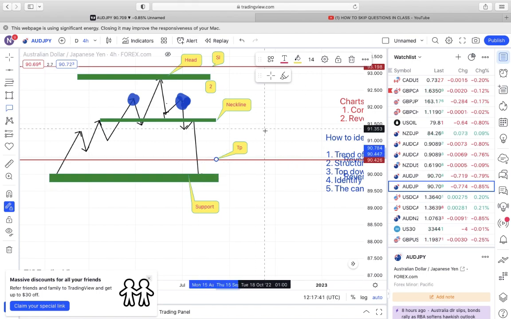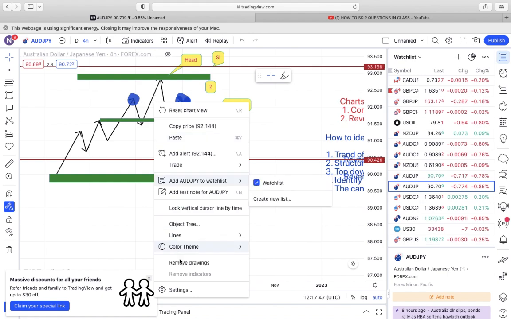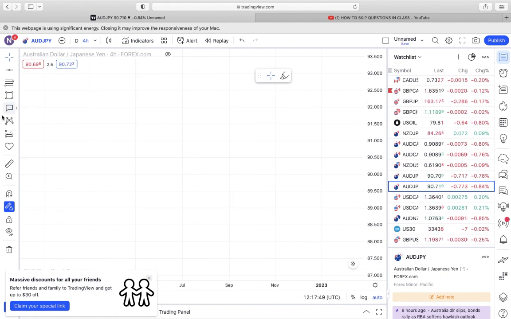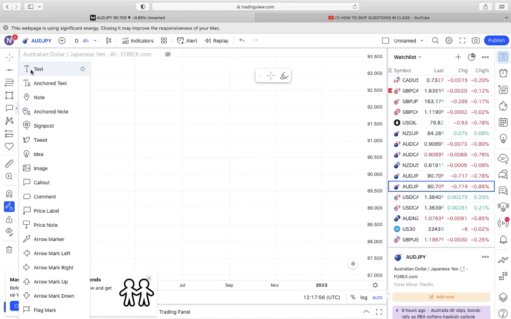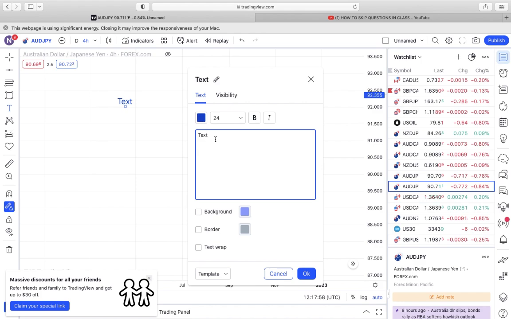Now there are some candles. What are the candles you need to identify? Candles to identify at the reversal points. Those candles will direct you and tell you the candlestick formation to be identified.